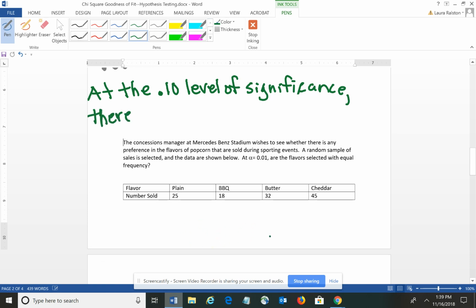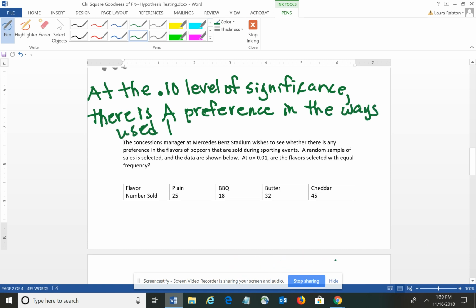in the ways used to combat midday drowsiness.